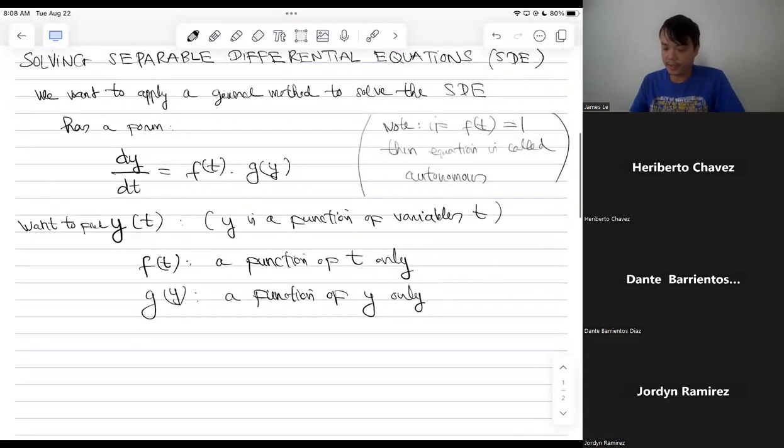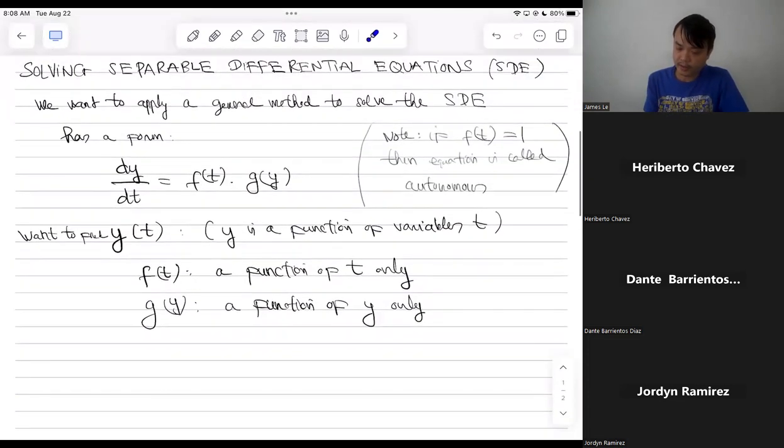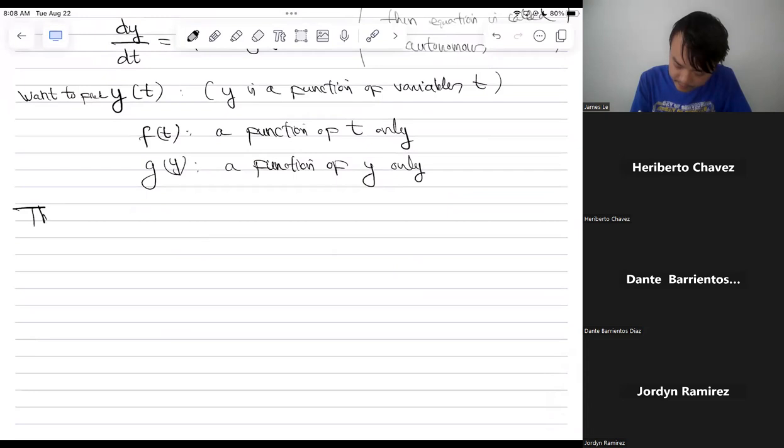Okay, so how can we solve this equation? This equation is called a separable differential equation, right? How can you solve that? Just follow step by step.